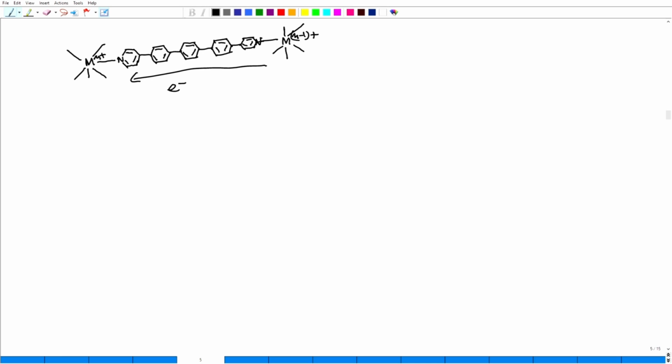Then I have another example, that is ruthenium. Forget it. I will tell you that you have ruthenium 2 and ruthenium 3.